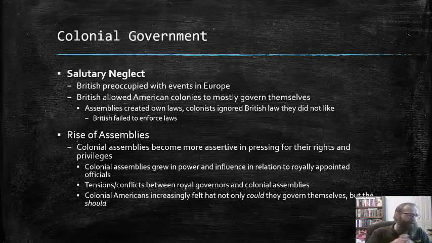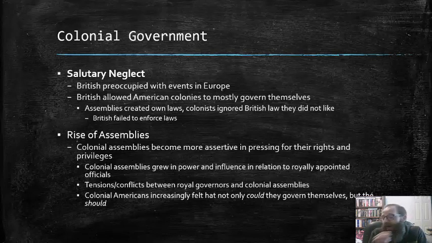Now, this period saw the rise of colonial assemblies to greater and greater authority in British colonial life. The assemblies became increasingly more assertive in pressing for their rights and privileges as the 18th century progressed. They grew in power and influence in relation to the royally appointed officials by the king and the parliament in Britain, particularly the royally appointed governors in most of those colonies.